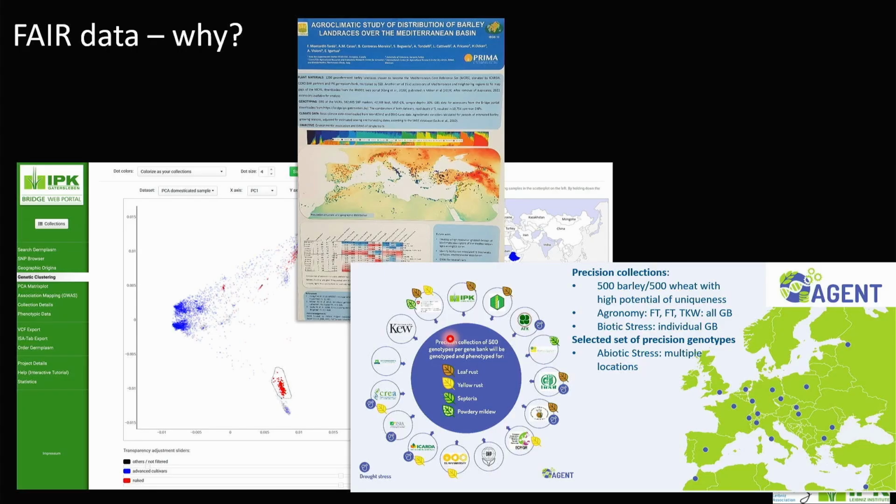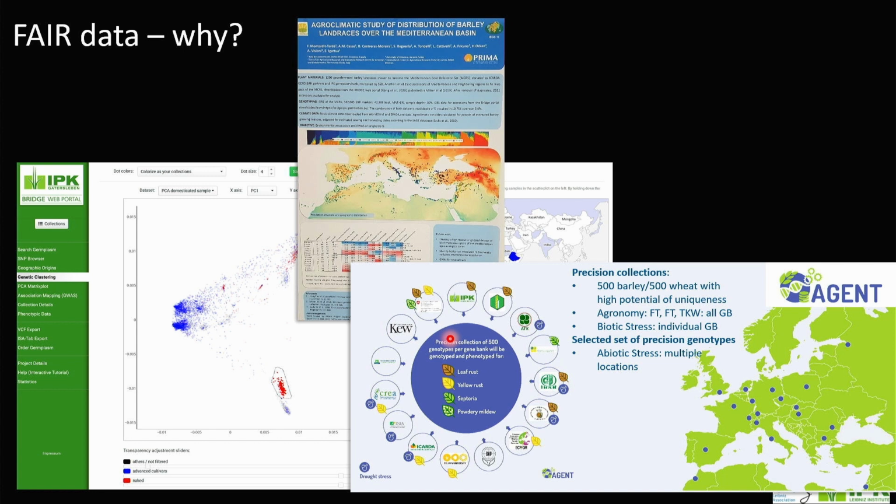One example that came to my mind here during the meeting: we have published the BRIDGE data a while ago. There's the PRIMA project led by Luigi Cadavelli and Ernesto, who take advantage of part of the BRIDGE collection, as Ernesto outlined yesterday. And there is this H2020 project AGENT I'm coordinating, where we are taking advantage of genetic resources from the same pool, and for which there is already a lot of data generated.